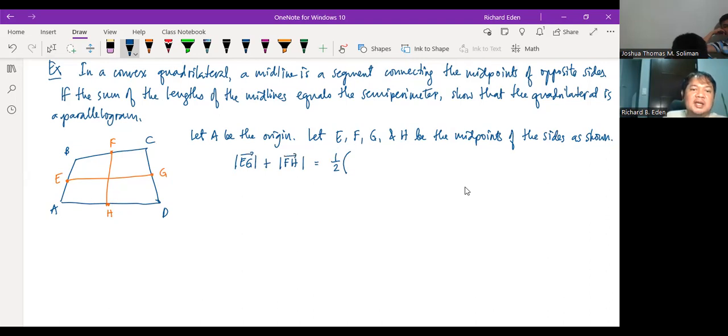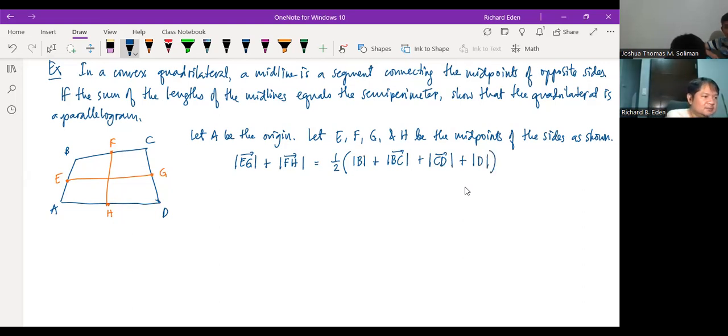So AB, but hey, A is the origin, so vector AB is just B. So length of B plus BC vector's length plus vector CD's length plus vector AD, so that's just D.